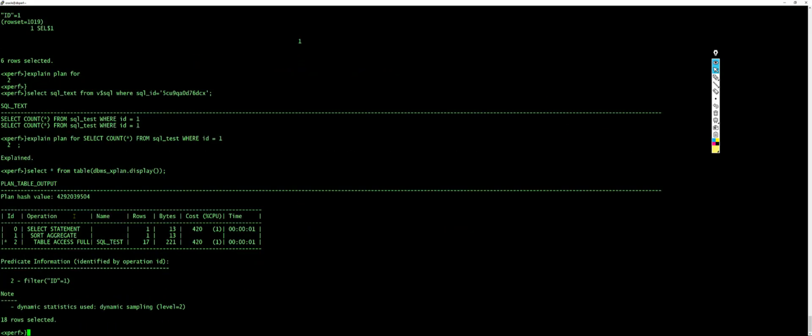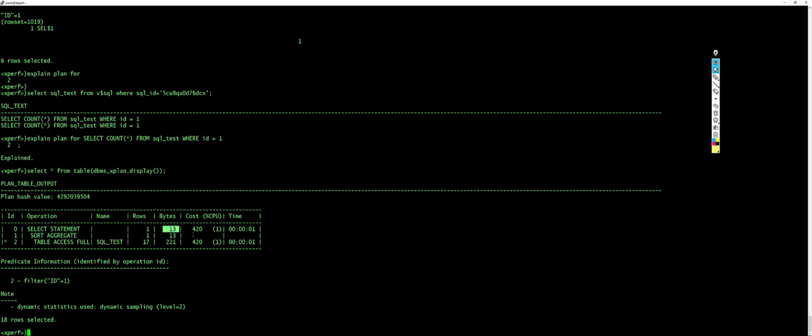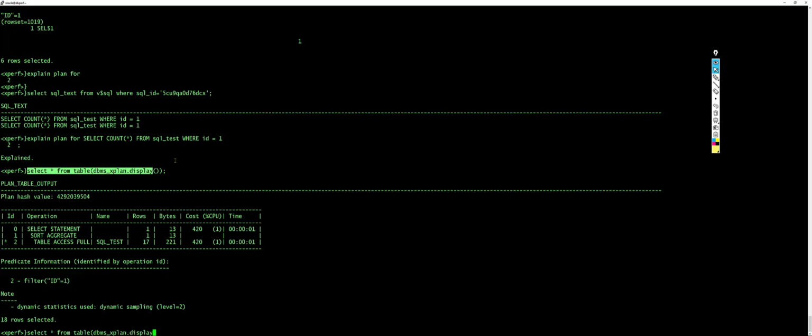Okay, so here if you see, we have operation column, name column, rows column, bytes column, cost column, time column. If you need more information about this, then you can also check display cursor.